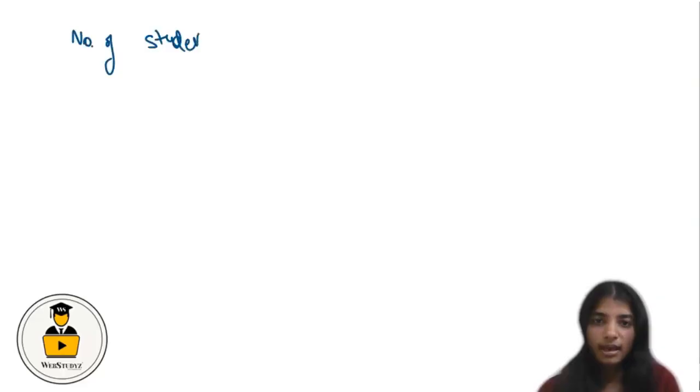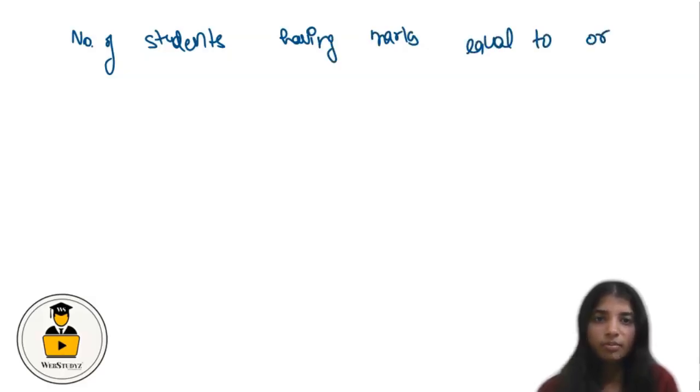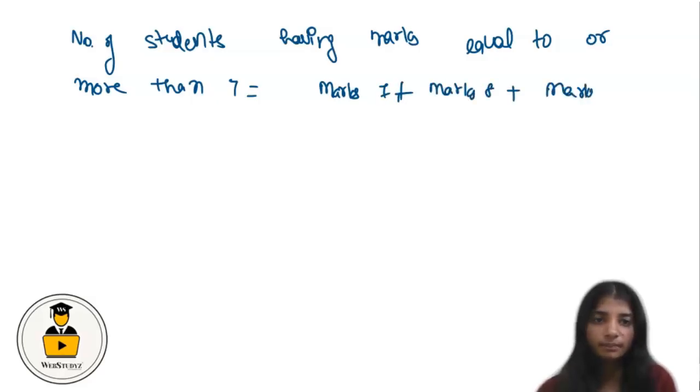So we can say that the number of students having marks equal to or more than 7 is equal to the students who have 7 marks plus students who have 8 marks plus students who have 9 marks.